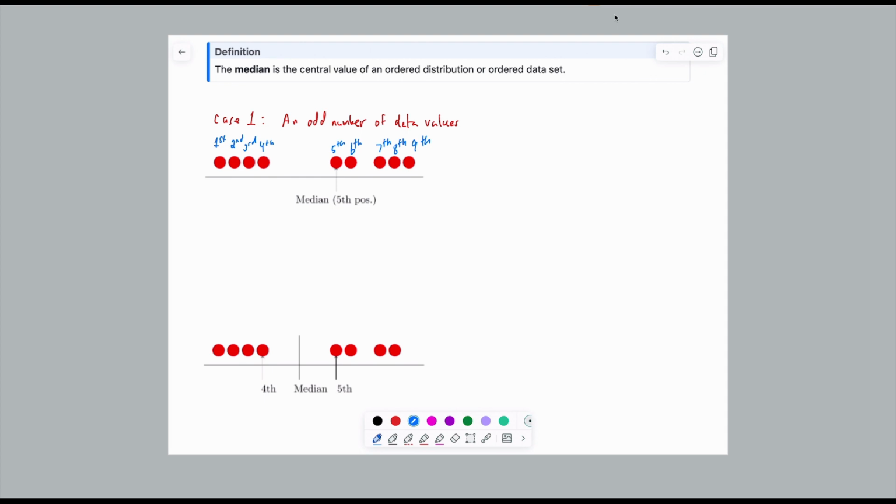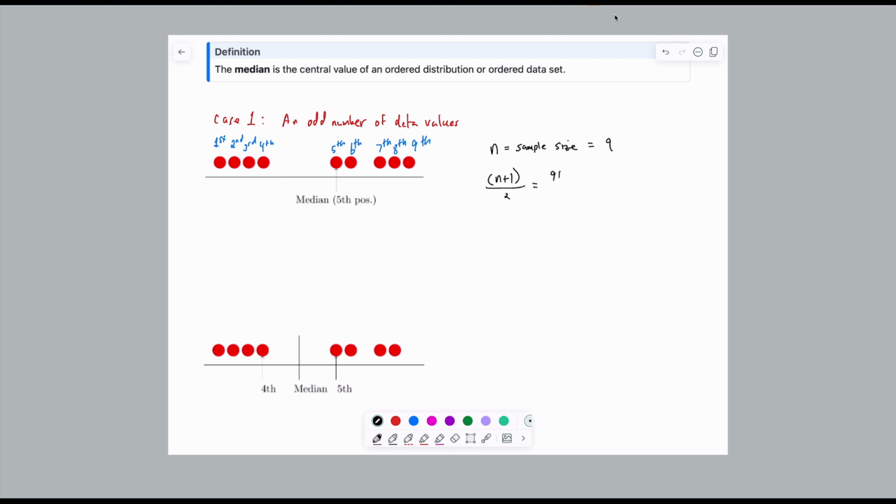Now, how would you be able to calculate that position in the middle? Well, n is what we call the sample size usually. And so in this case, n, there are 9 dots. So we would write 9 for n. And then we would use the formula n plus 1 divided by 2.